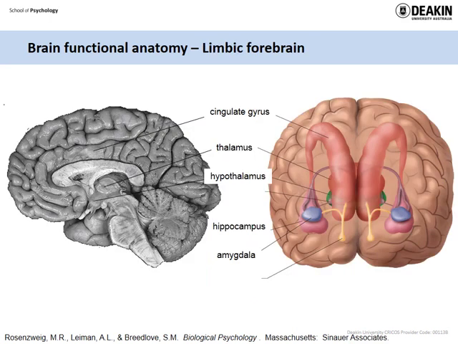Now to the forebrain. And again, let's return to the photograph of the brain that's been split in half. It's a left-pointing brain, split in half, and we're seeing the inner surface of the right half of the brain.